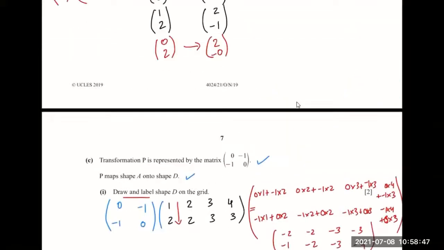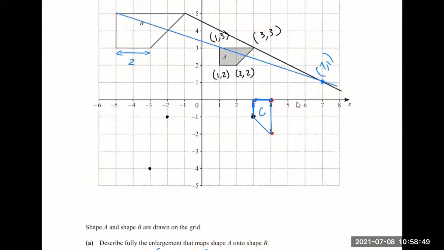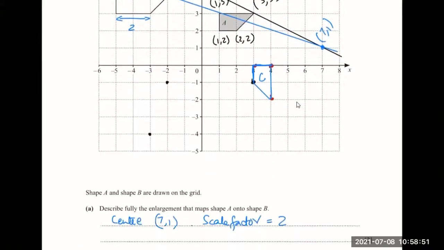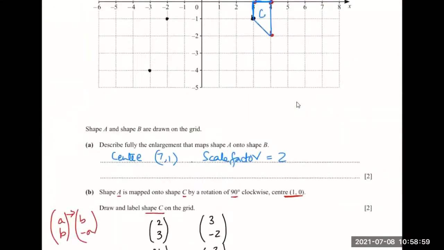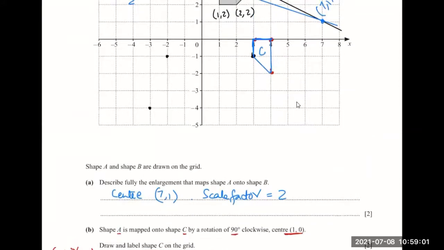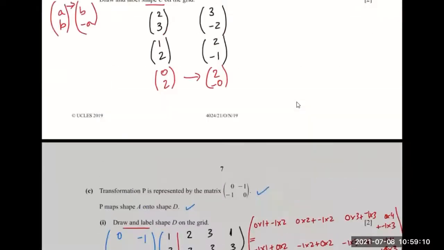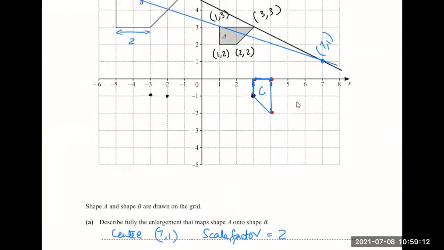Have I written the coordinates correctly? Oh, this is not 4, 3. This is 1, 3. This is why it's messing up. This is supposed to be -1. No, it's fine. Okay, so these are the 4 points that come up.